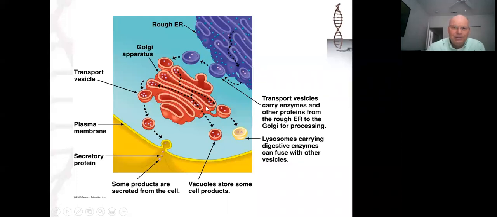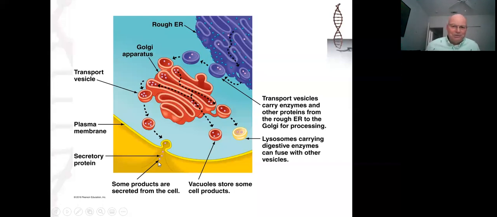They may get stored, they may get repackaged, they may get chemically modified, but then eventually they'll move out of the Golgi apparatus by being repackaged into transport vesicles, a specialized version of which is the lysosome that contains digestive enzymes for internal digestion inside the cell, or as a transport vesicle carried to the surface of the cell, where the transport vesicle merges with the plasma membrane to release its contents to the outside of the cell.